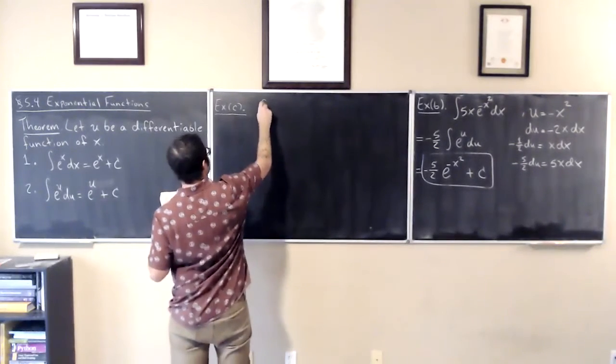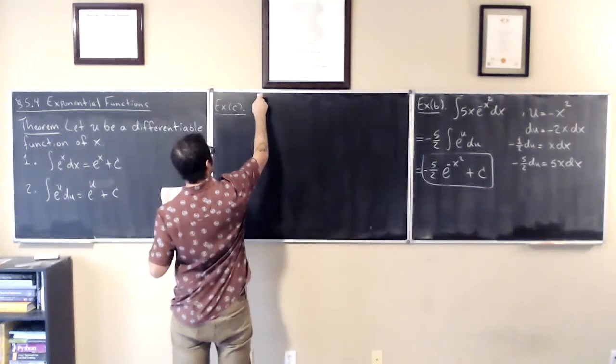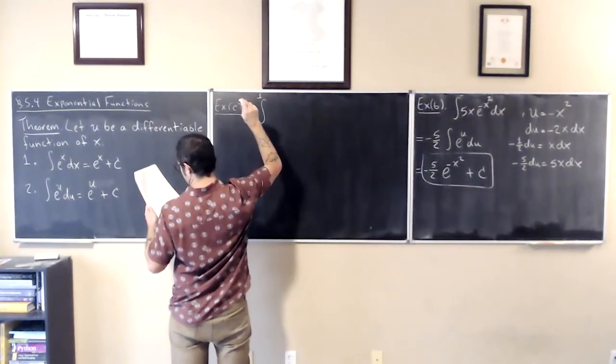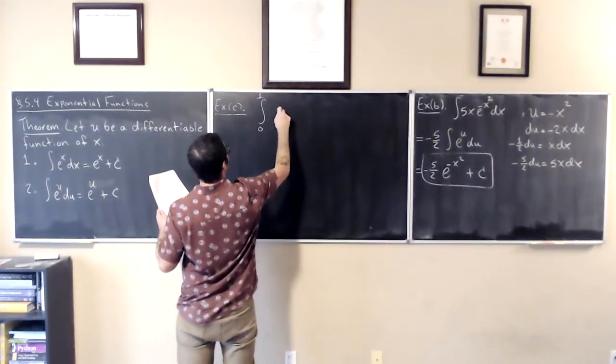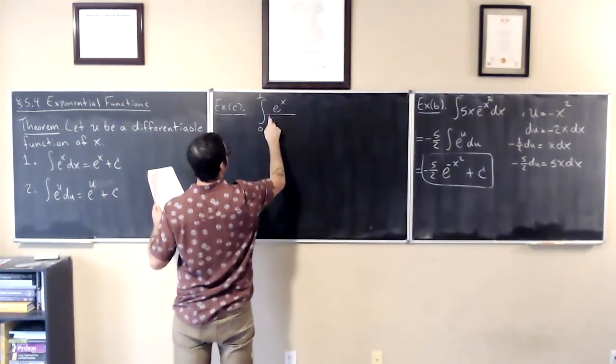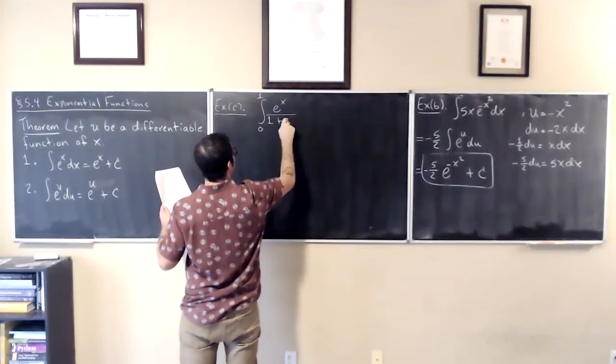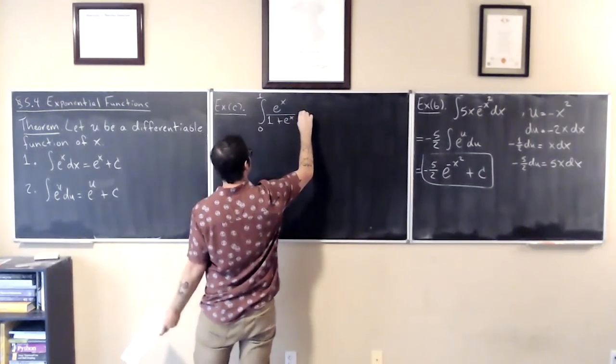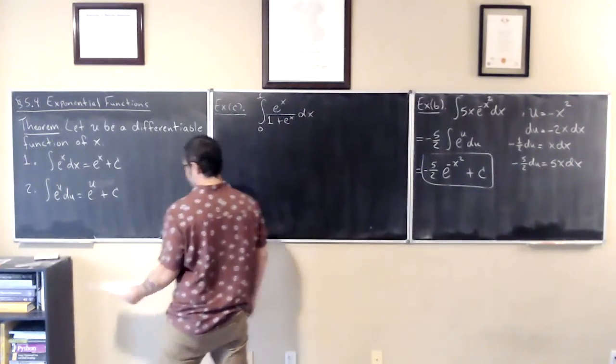Suppose we have the definite integral from 0 to 1 of e to the power x over 1 plus e to the power x dx.